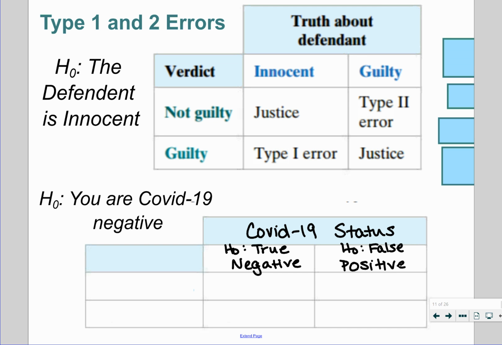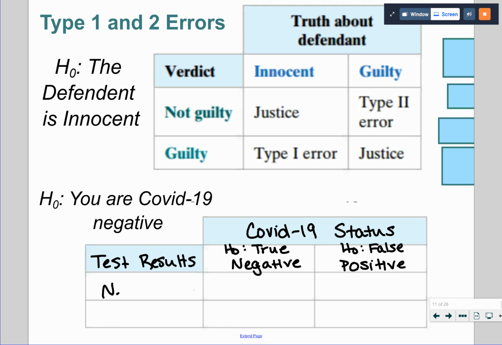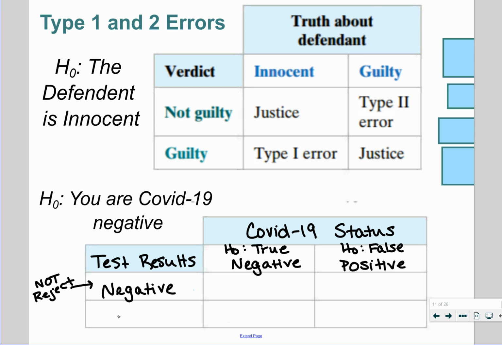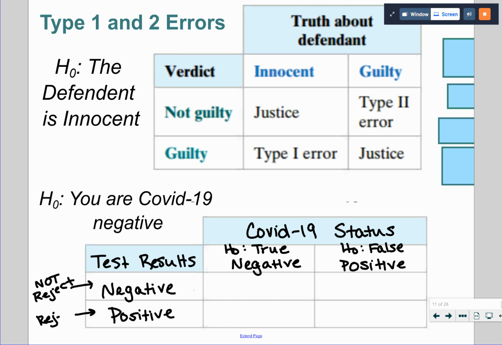Okay. Now, how do we determine what your COVID-19 status is? We do a test. So, test results can be one of two things. They can either be negative, which will represent us not rejecting the null hypothesis, or positive, which means we will reject what we are assuming to be true, the null hypothesis.